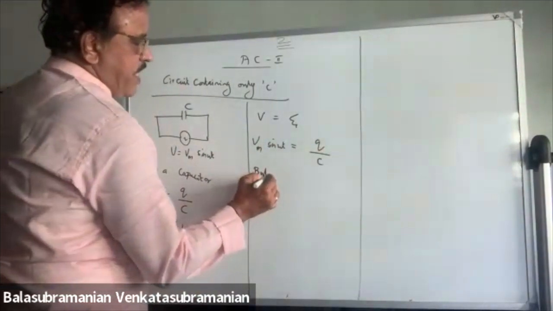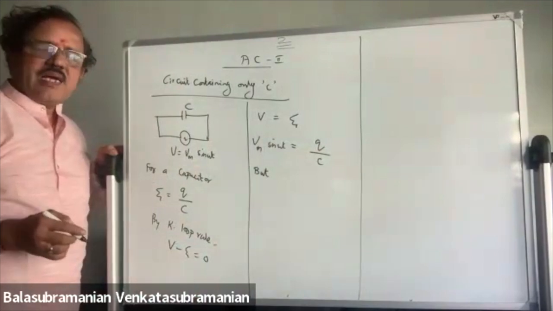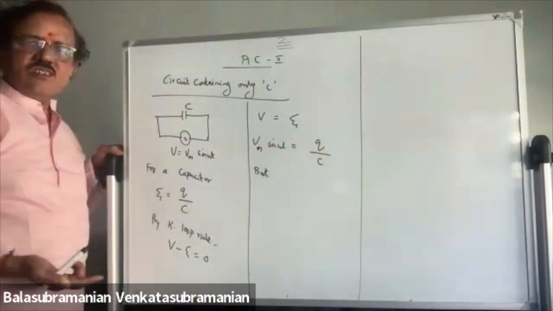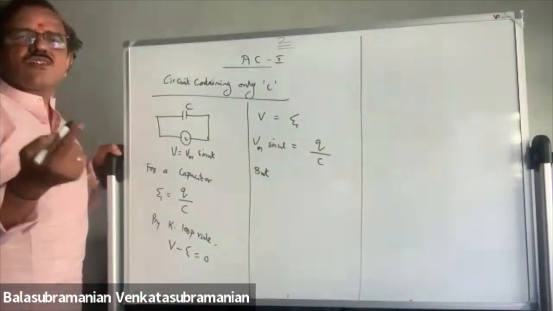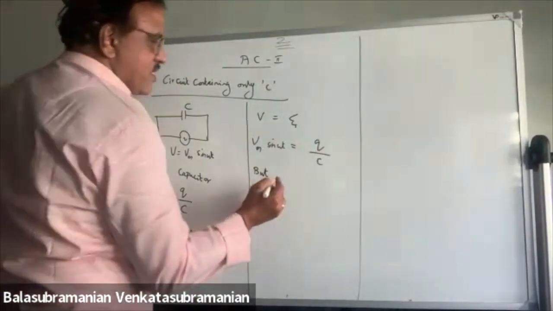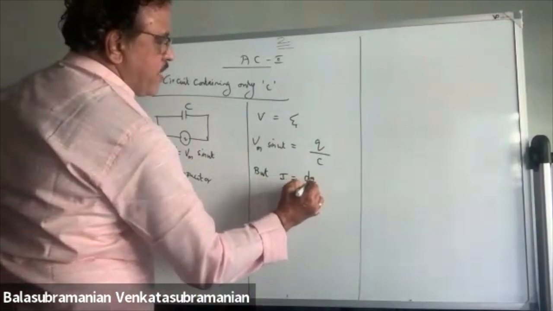But we need a relation connecting current and voltage only. Here we are having a charge. So there should be a relation connecting current and charge. What is the relation? I is equal to dq by dt.